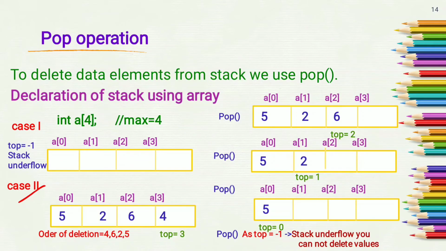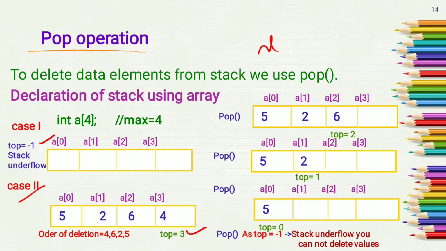Case 2 is if the stack is not empty. Suppose we have a stack having values 5, 2, 6, 4 and top is pointing to the topmost element's index, that means top contains 3. So when we perform deletion, first we have to check if the value of top equals -1, we have to print stack underflow. Otherwise, we have to access the value from the topmost index.